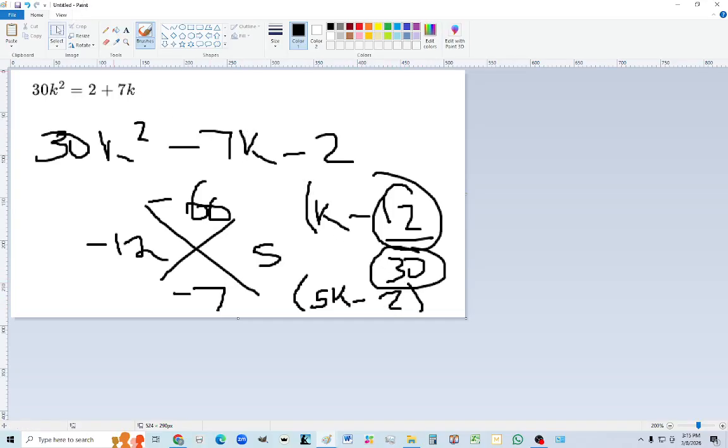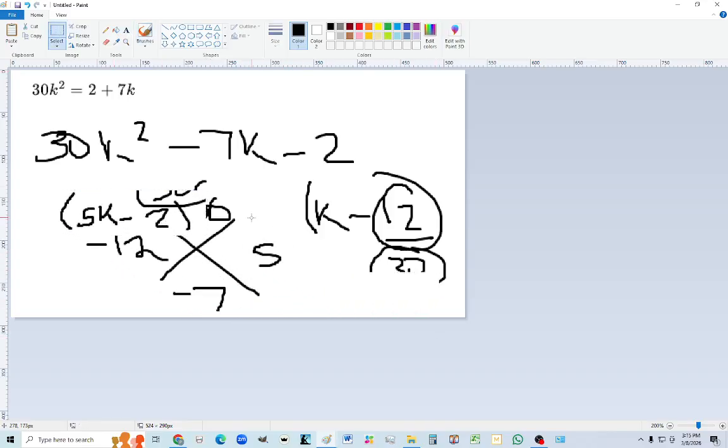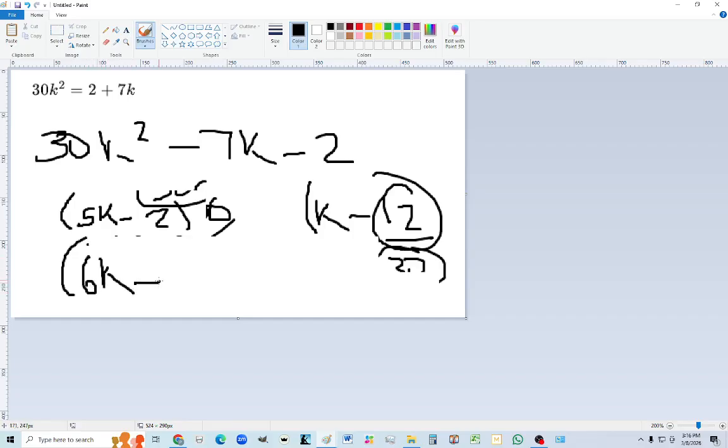And then the other one, k plus 5, when I divide by 30, becomes 6k plus 1. I multiply this out, get 6k plus 5k minus 12, that's minus 7, and then minus 2. Solving, this is 2 over 5, and this is minus 1 over 6. So there you go. That's that page.